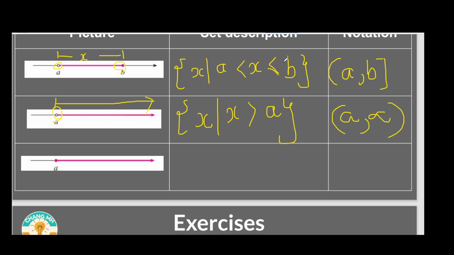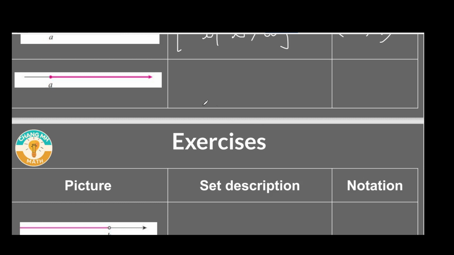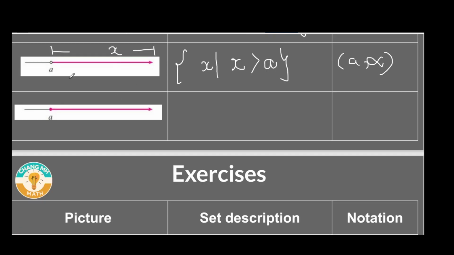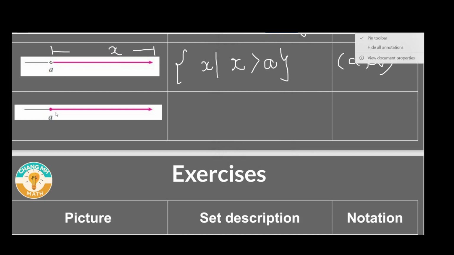Alright, so let's move on to the next one. So this is almost the same as the above. Here the diagram is shaded at the endpoint, so this is what we call closed intervals.